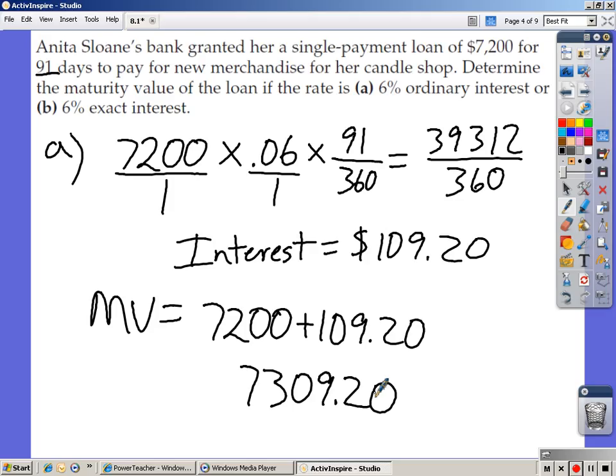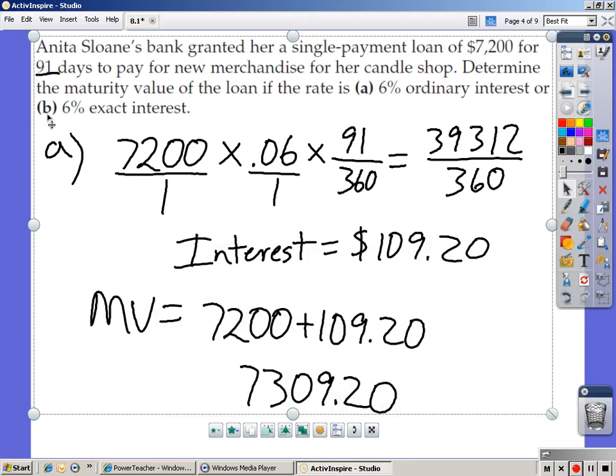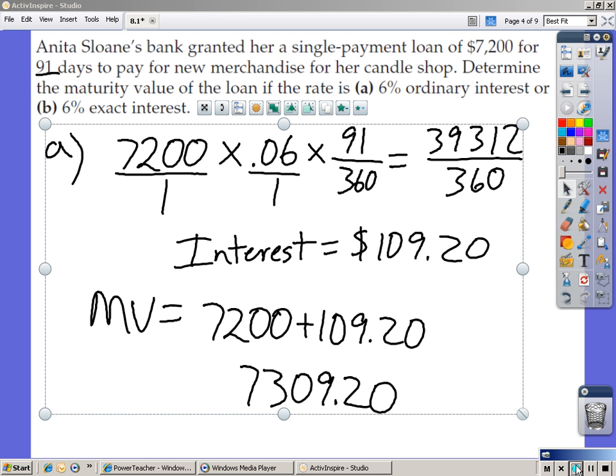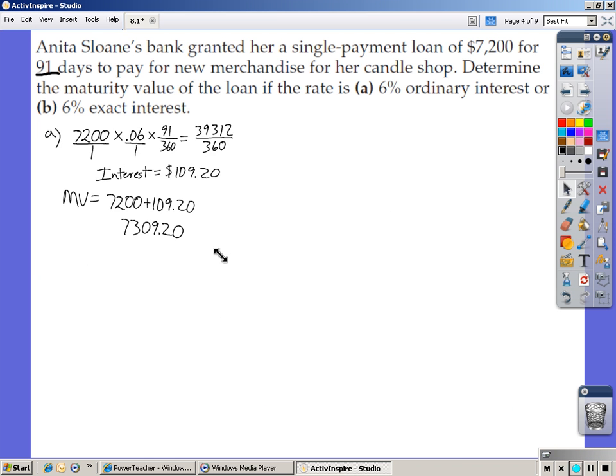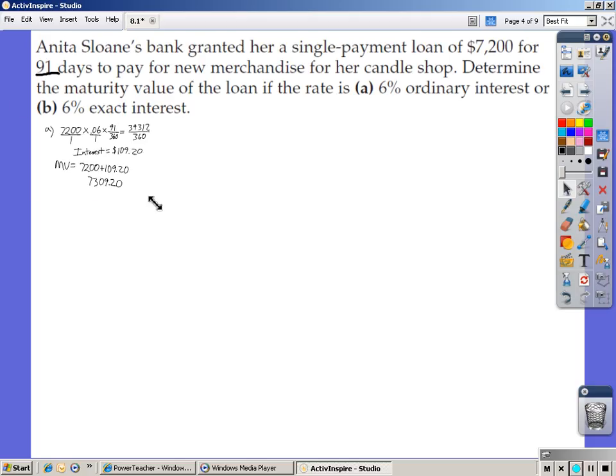Okay? Let's go ahead, let's find the same thing, but using exact interest. Okay, so let's go ahead. I'm going to shrink this down, put it over here to the side so I have some more room. Okay.